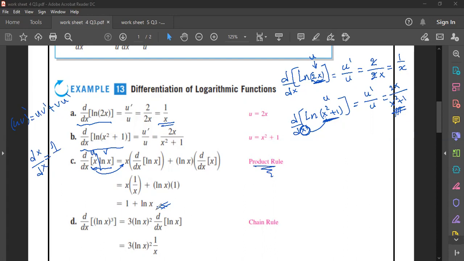Okay, for the following one, here, as you see, the derivative of ln x all to the power 3. Since you have a bracket raised to a power, we will apply the general power rule.